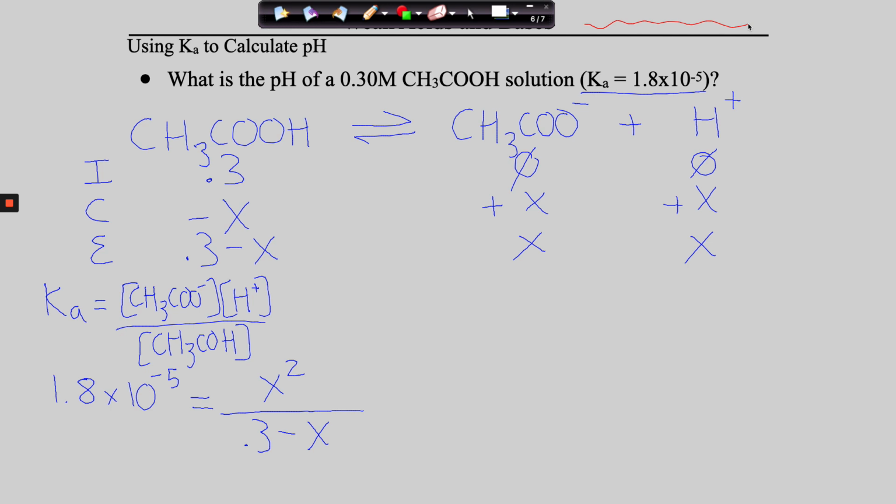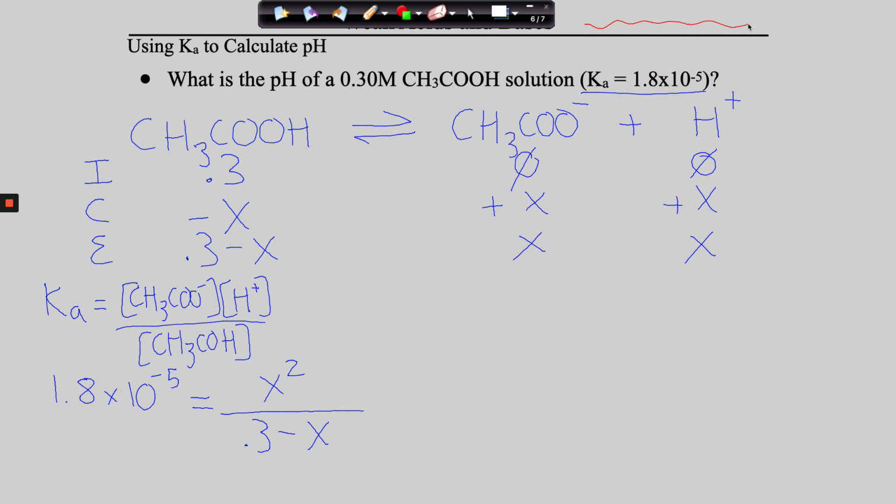What does X represent? The change. Tell me more about change. Concentration. So where is that change flowing from? What's happening to the vinegar? It's breaking apart. And it's forming these bits, these pieces, right? Now, guys, let's talk about this. How much does that happen for this weak acid?